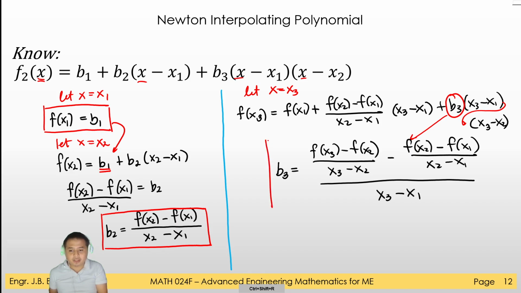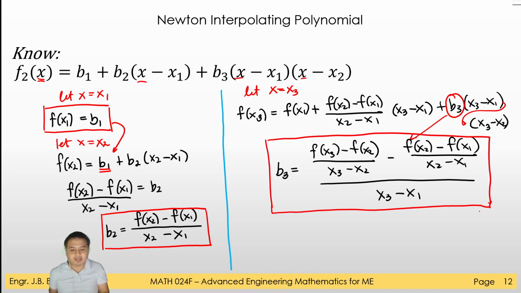So to solve for b3, you have this formula. I will explain this later. There is actually an easier way to do this, a shortcut method, which I will show you later for the last example. Now that we know how to find its coefficients, we can calculate the value of the function.